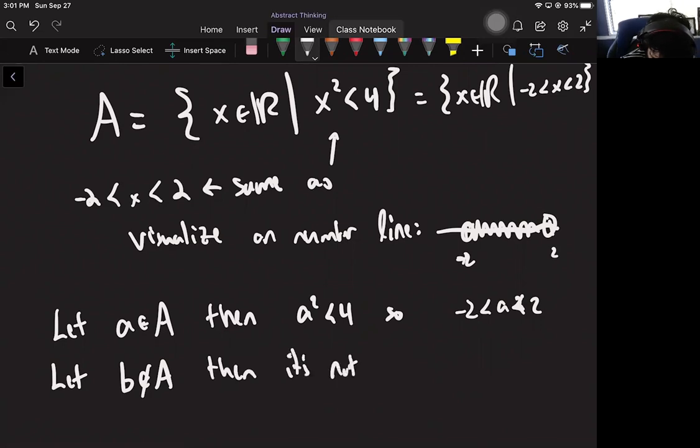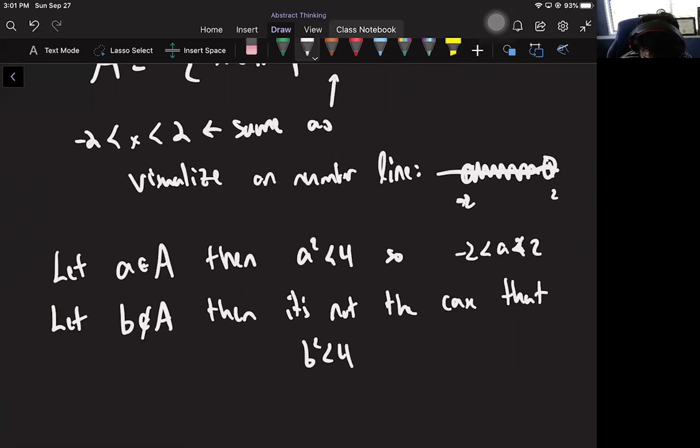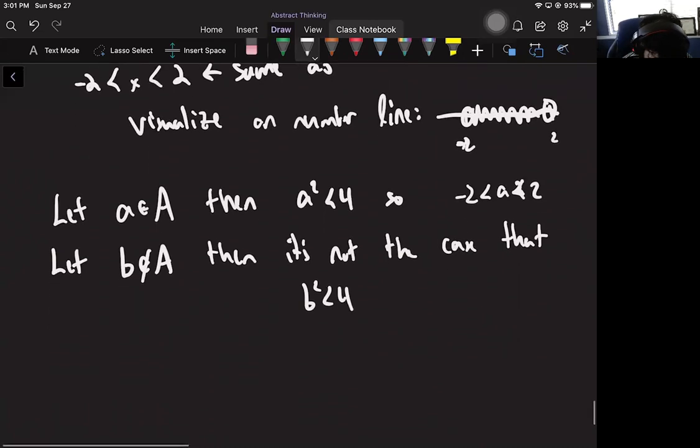So then it's not the case that b squared is less than 4. But saying it's not the case that something happened is just negating it. So that just means that the negation of this thing is true. Well, what's the negation of something being less than something?